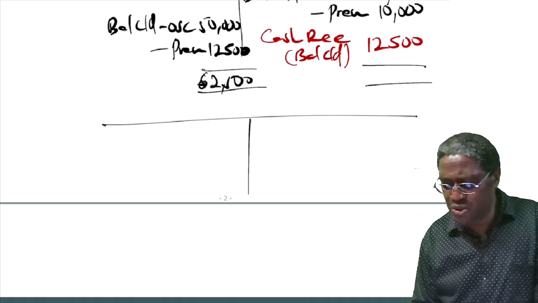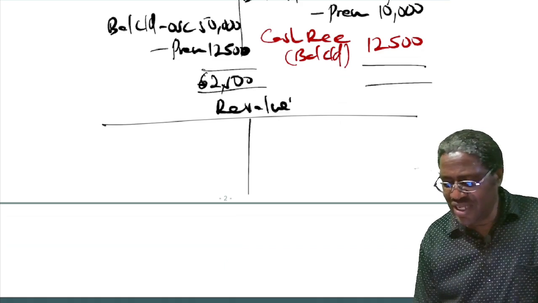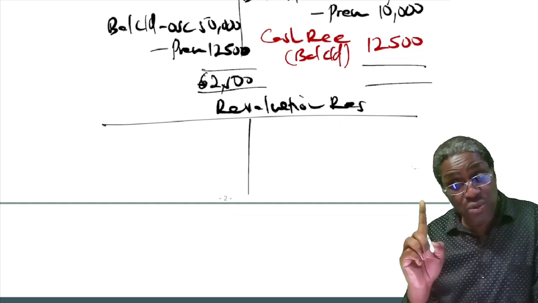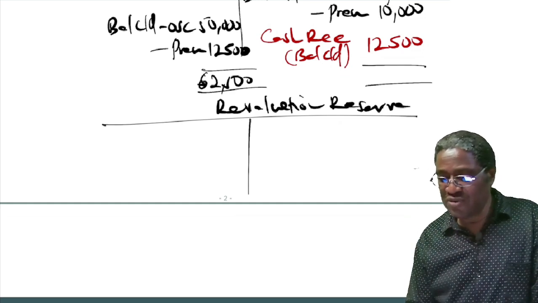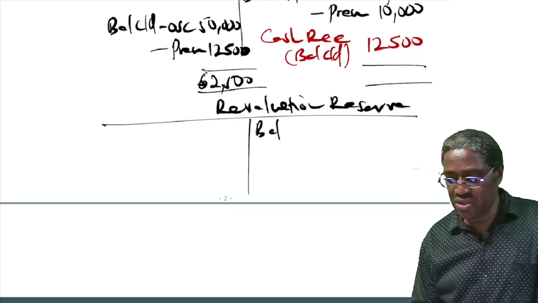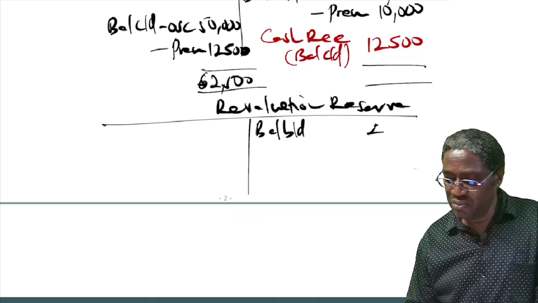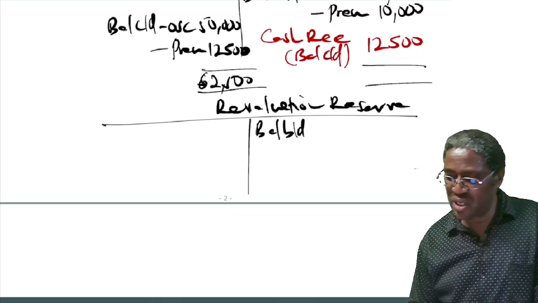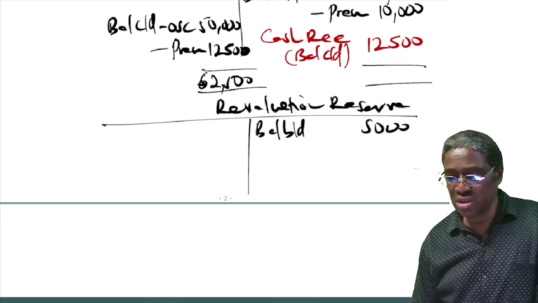So let's just put down the account for the sake of remembering that there is nothing that will have come from here to cash flow. There is nothing that will affect the cash flow as far as revaluation is concerned. This is balance brought down, 5 million. That was the balance last year, 5 million. Then there was a revaluation of property.